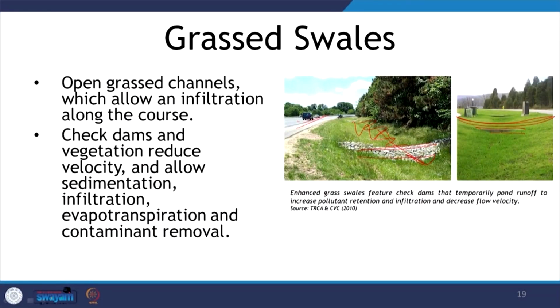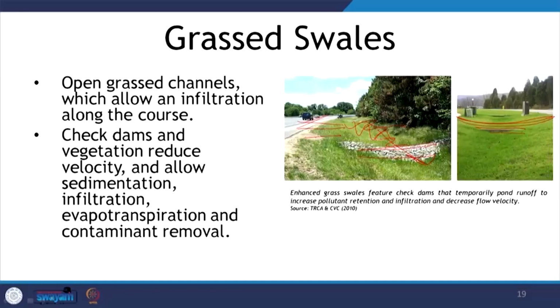When these are washed by the storm water, and if it is taken directly to the surface aquifer, the surface aquifer will be flooded with a lot of these pollutants, while if it is retained here, all these pollutants will be retained right here, and only the water will be allowed to percolate down to the ground.